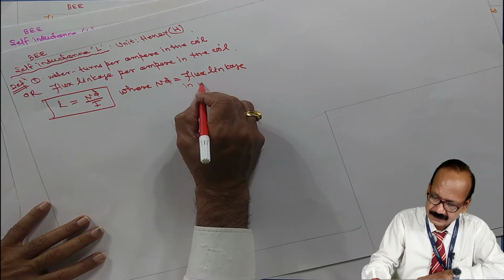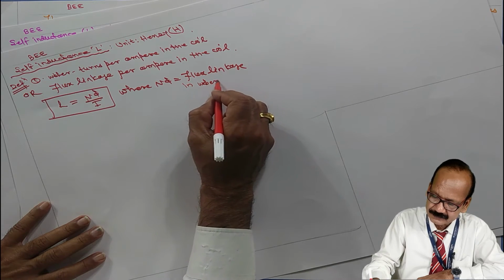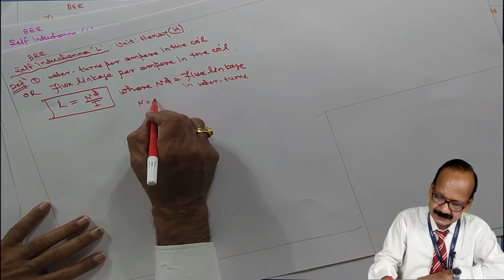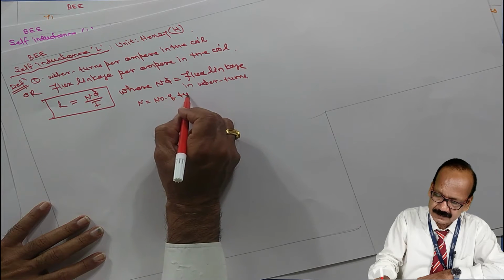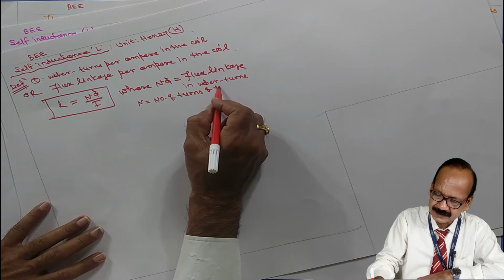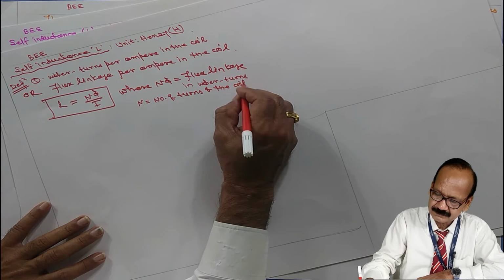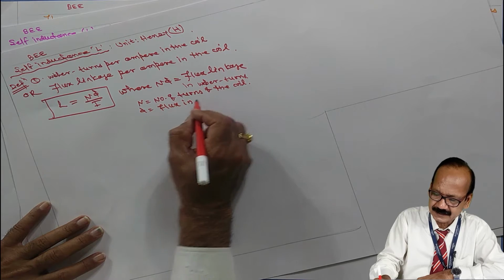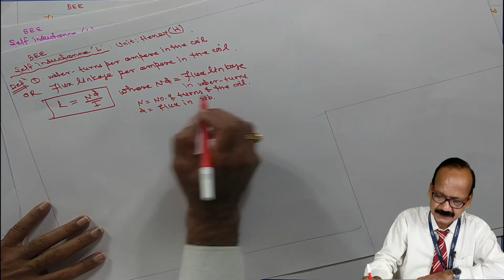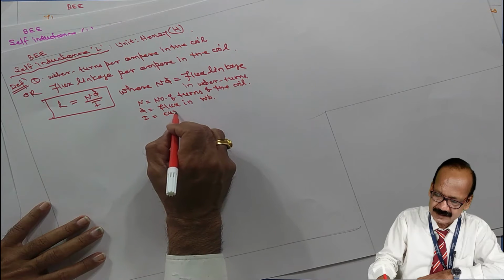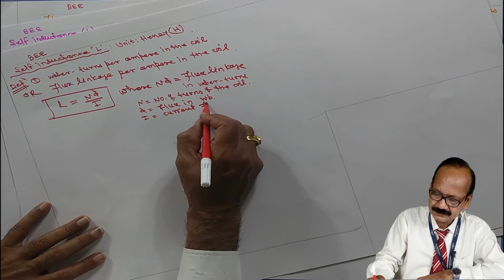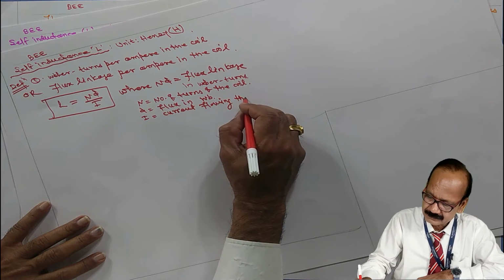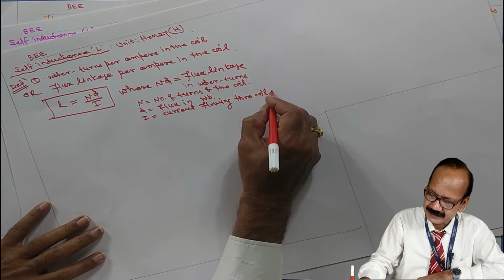N is the number of turns of the coil, phi is flux in Weber, and I is current flowing through the coil in ampere.